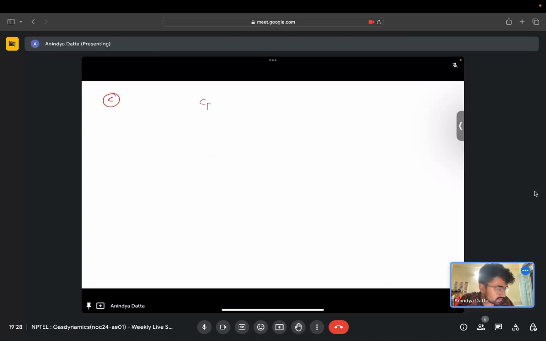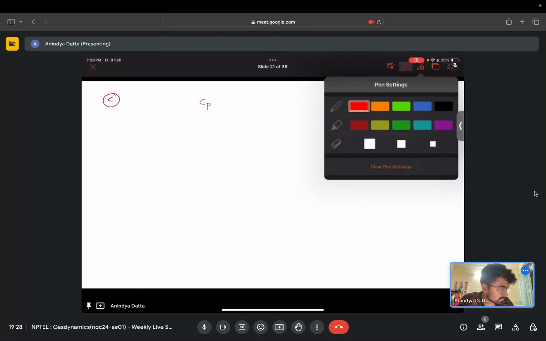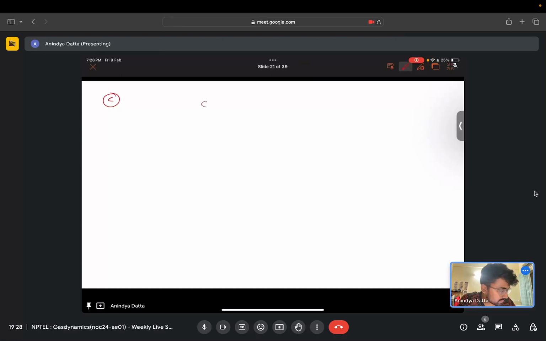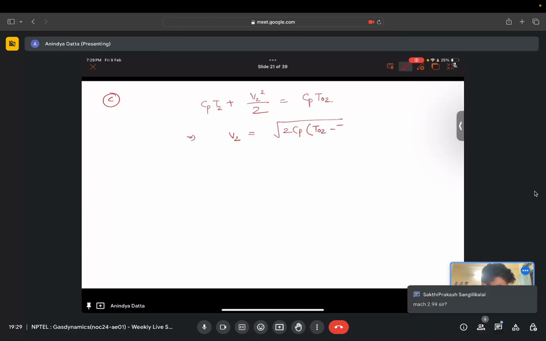Cp T2 plus V2 square by 2 is equal to Cp T02. Static enthalpy plus kinetic energy is equal to stagnation enthalpy. So we need to find V2, so this will be the square root of 2 Cp times (T02 minus T2).